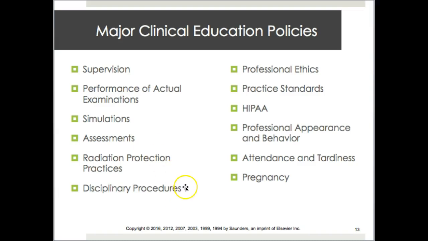Disciplinary procedures. If you do something that is not legal or ethical, which actually we have our professional ethics in the book towards the back. Your professional ethics is on page 362, and it talks about 10 different items.